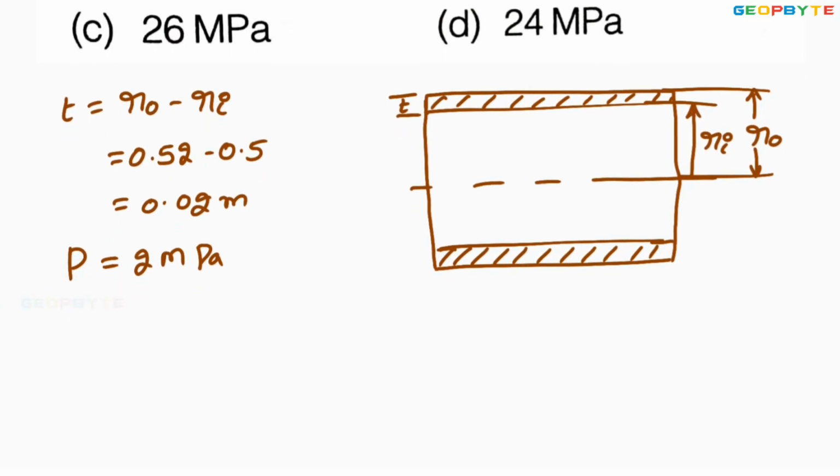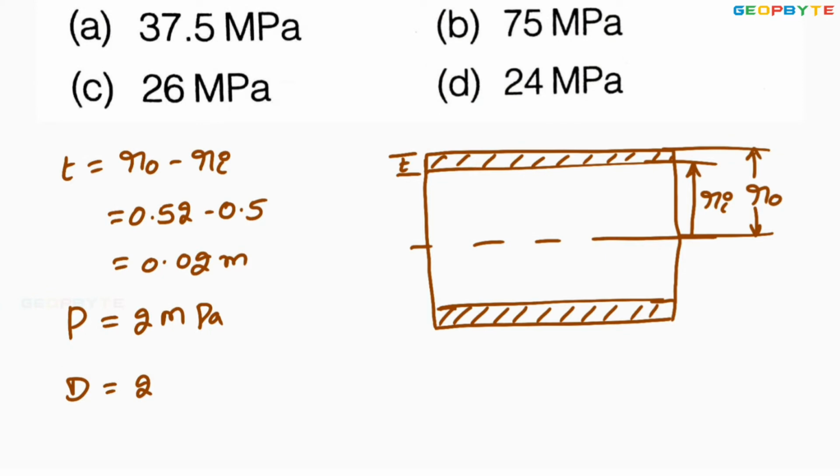Diameter is equal to 2 times the outer radius. 2 into 0.52 is 1.04 meters.